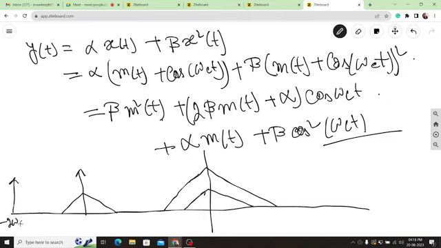This is at minus 2 omega c and at 2 omega c. Why? Because this is a cos square signal, and this will simplify to cos of 2 omega c t. That part is here.